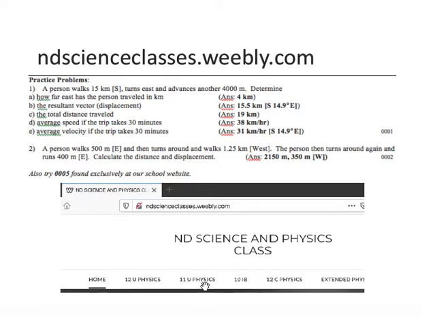Because we're studying motion, you would go into the motion unit and you'd find these links here with the full solution. So if you can't get these answers, make sure you click the link found under 11U Physics, click these links, and it will show you step by step how to do these problems. And here's the website up here.